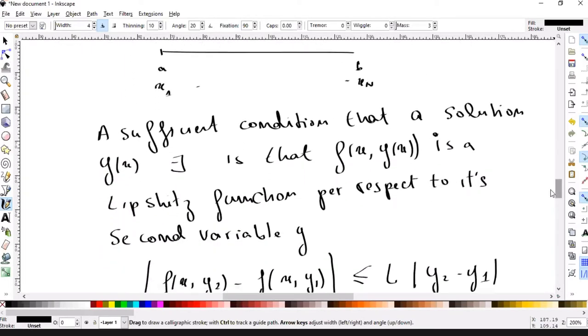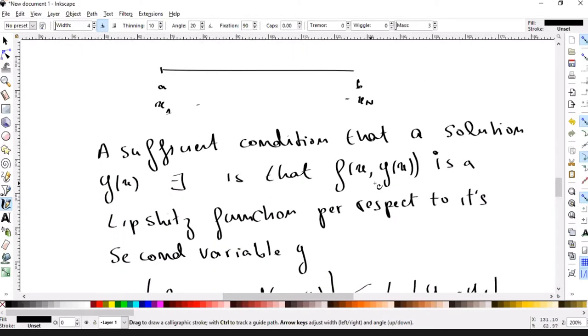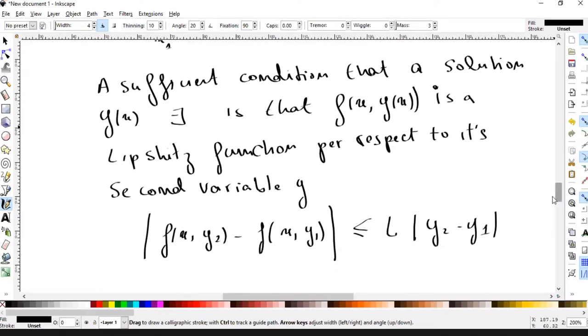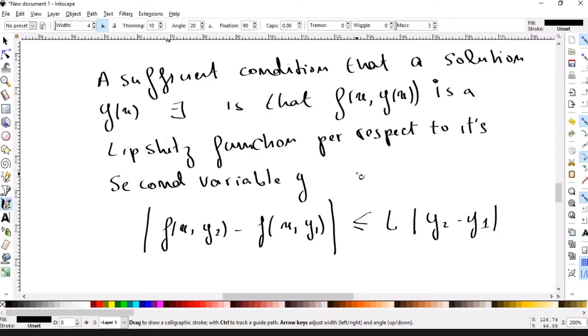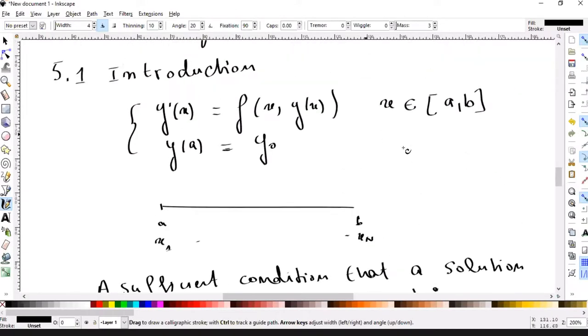So f of x must be a continuous function that is a Lipschitz function with respect to its second variable y. So a solution y exists for this problem.